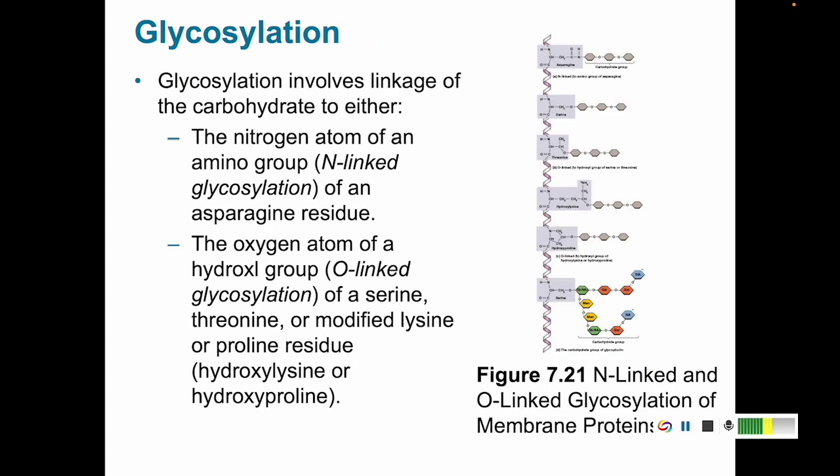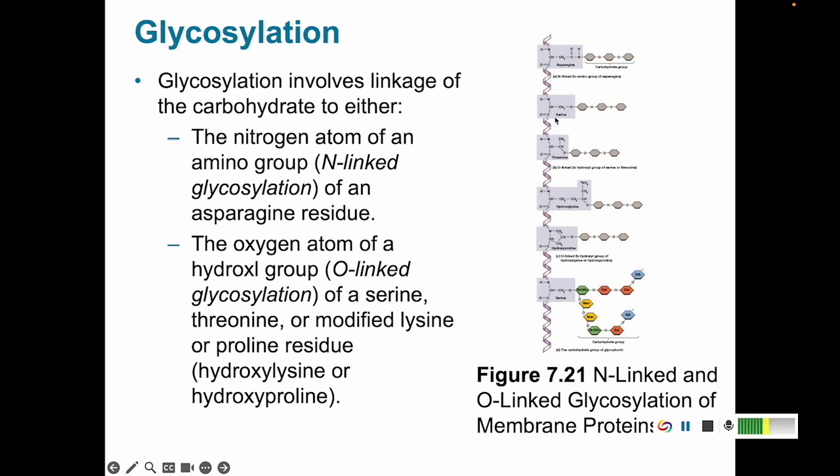Glycosylation is going to involve adding a carbohydrate to either a nitrogen atom, such as here, a nitrogen atom of an amino group. That is going to be an N-linked glycosylation, N for nitrogen. That is going to happen if you have an asparagine as a side chain.